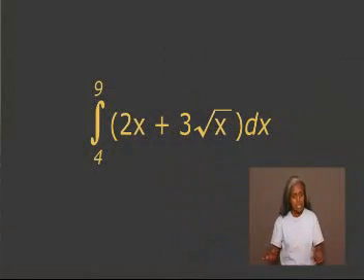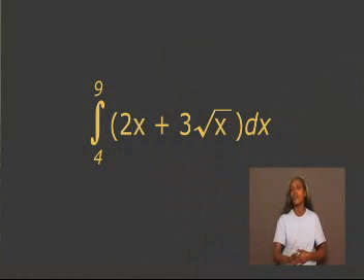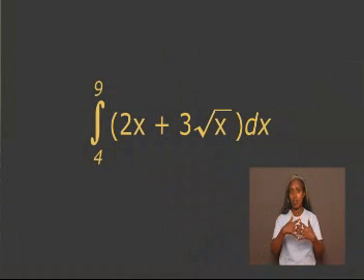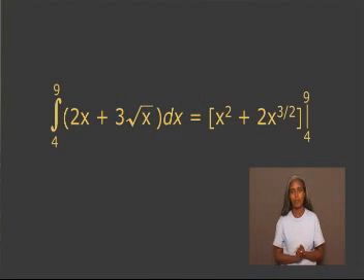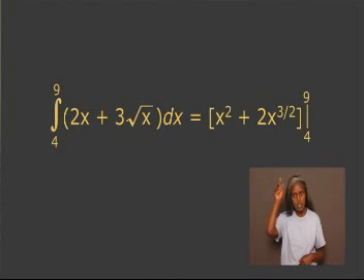The first step is to find the integral and write it in square brackets. The integral of 2x plus 3 times the square root of x is x squared plus 2 times x to the power of 3 over 2.